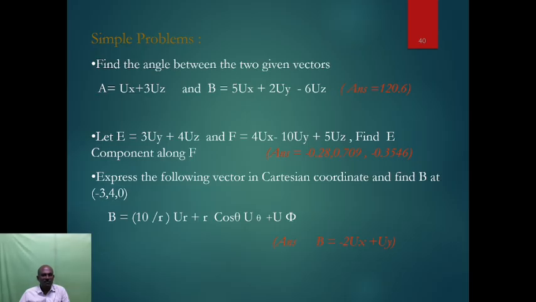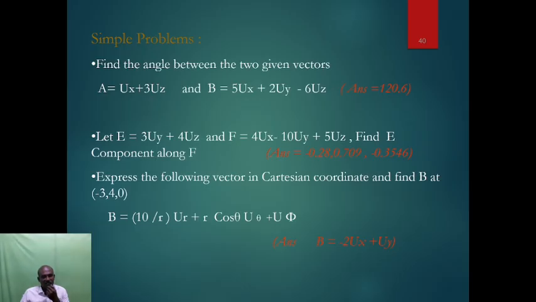Find the angle between two given vectors, a equal to vx plus 3z and b equal to 5vx plus 2uy minus 6z. We have to find the angle. The formula is tan inverse of y by x, using which we can find the angle. Here the third problem: express the following vector in Cartesian coordinates and find b at -3, 4.